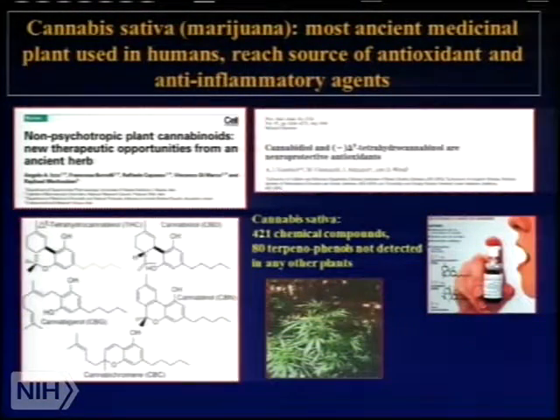Initially, when it was discovered, it was thought that this is the only active ingredient in cannabis. But then it turned out that there are lots of other compounds, and one of these is cannabidiol, which was proposed by Julius Axelrod at NIH a long time ago, together with tetrahydrocannabinol and also with David Wink, who Terry already mentioned, to be potent antioxidants.